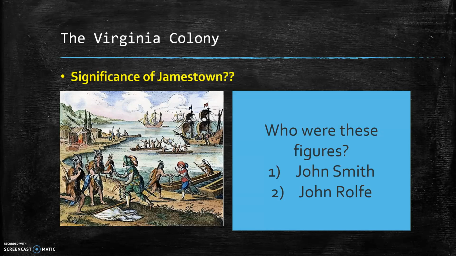So they ran out of food, and that caused starvation. John Rolfe was the savior because he discovered tobacco, which became a very famous product.